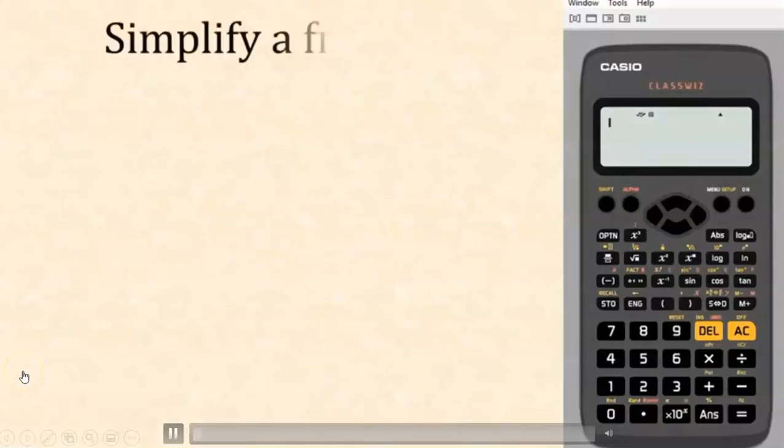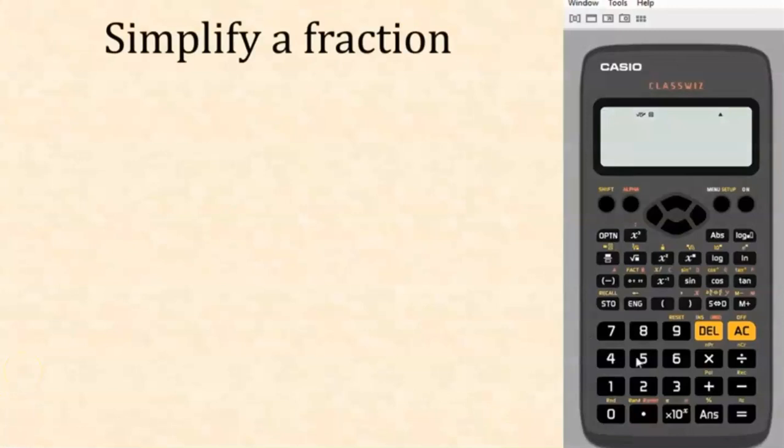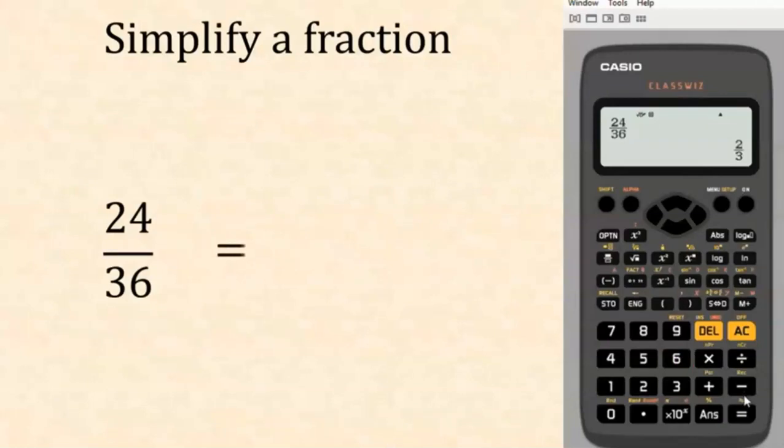We can use the calculator for simplifying fractions. So let's have a look. Let's put in 24, hit the fraction button, 36. So to simplify that, we would just press equals and it gives us in its simplest term, 2/3. Nice and easy. So let's try another one, an easy one. So let's have 6, arrow down, and then 12. So hopefully you know what that is.